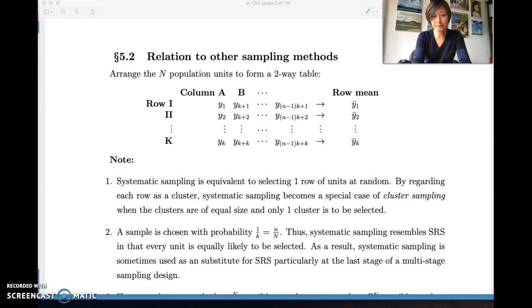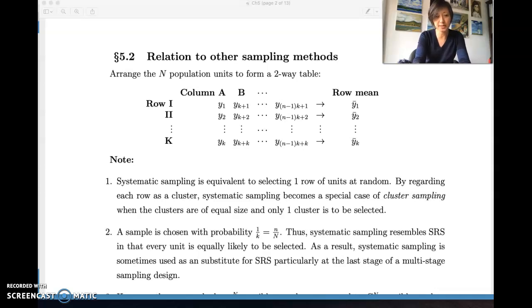But in systematic sampling, we can think of the way of choosing the sample as a cluster. We can say that systematic sampling is indeed a special case of cluster sampling when the clusters are of equal size and one particular cluster is chosen. So if this is the case, the second row would be chosen, and this becomes our systematic sample, and Y2 bar would be our sample mean.